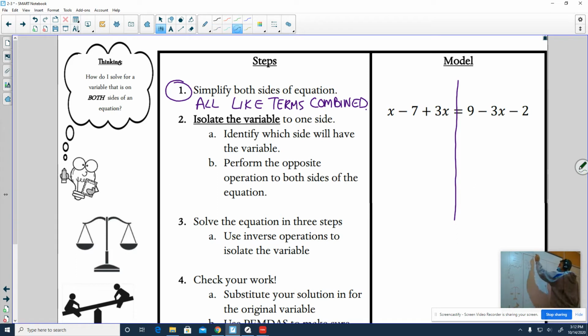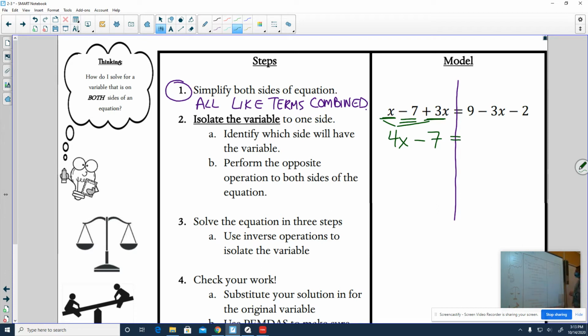So let's simplify the left, and then we'll simplify the right. To simplify the left, I've got two variable terms, a positive 3x and a positive x. Let's put those together to give me a positive 4x. Negative 7 is a constant term. It has no like terms, so I'm going to just bring it down. So that simplifies to 4x minus 7.